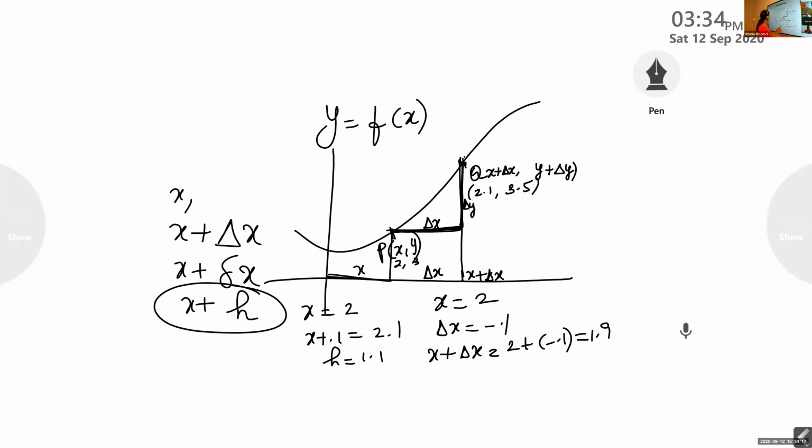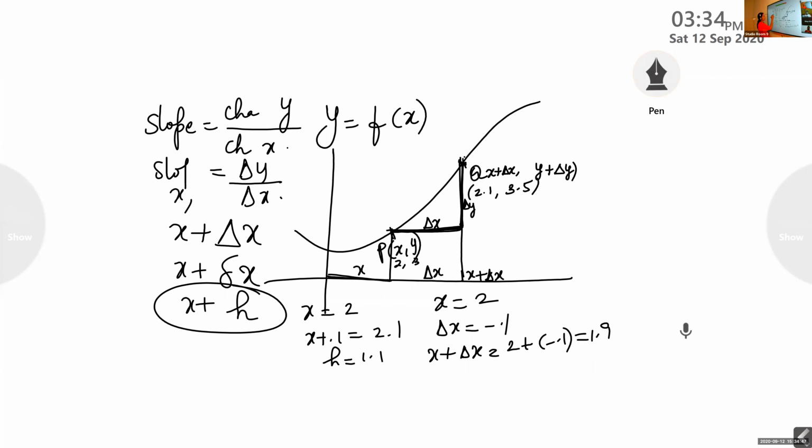Now we are going to learn one new term called slope. What is slope? Slope is change in the value of y by change in the value of x. In other words, we denote this as delta y by delta x.